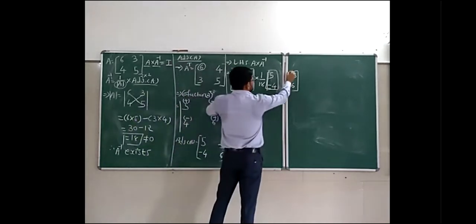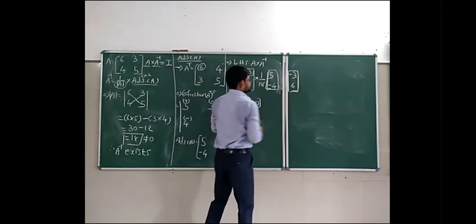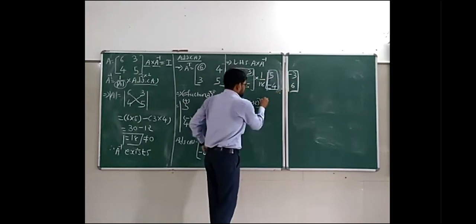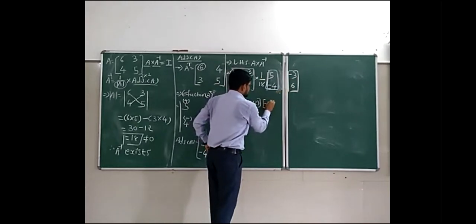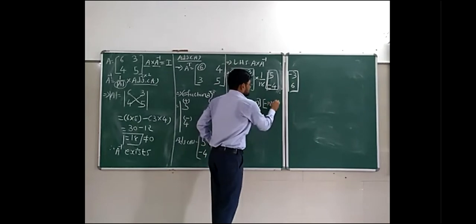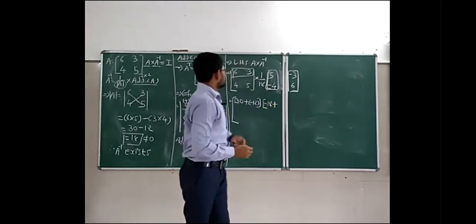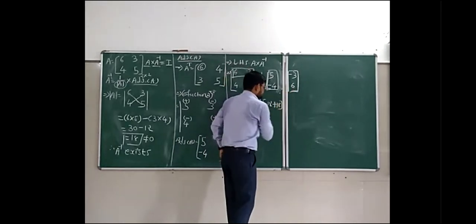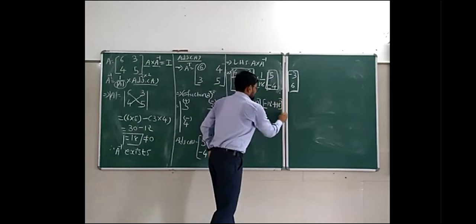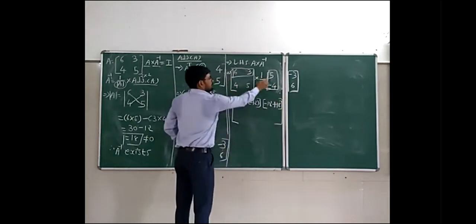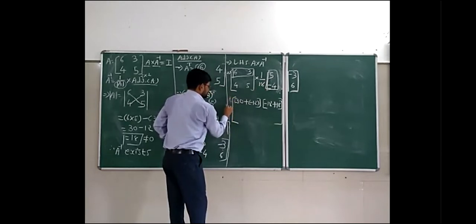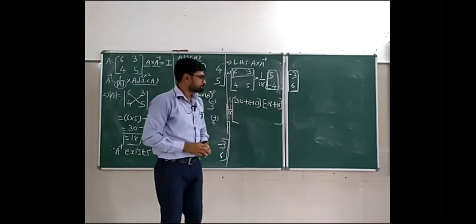Then we'll multiply first row with second column. First into first, 6 into minus 3, minus 18. In between plus, second element into second element, 3 into 6 is 18. So this is the multiplication, and 1 upon 18 here we'll write as it is. Okay.